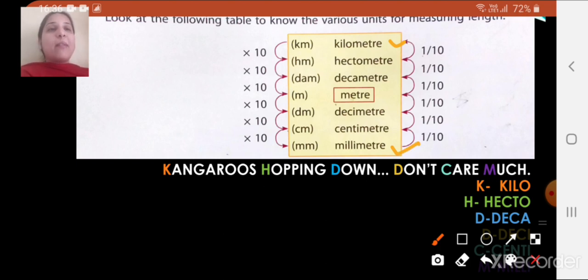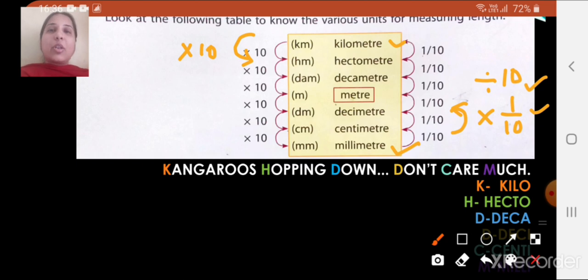So suppose you have to convert from kilometer, which is the greater one, to hectometer, then we will multiply it by 10. Or if you have to convert the smaller unit, suppose you have to convert centimeter to decimeter, so you will multiply it by 1 upon 10 or you will divide it by 10. Both are similar things. Okay.